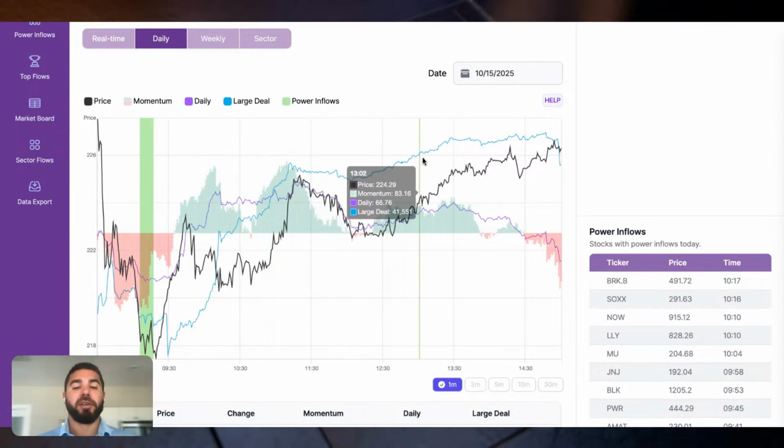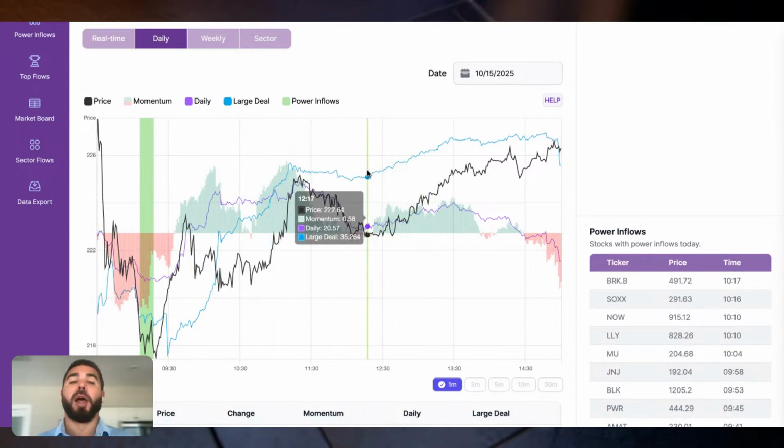And you'll see above it is this light blue line. That's what we call our large deal flow data. This tends to be any of your institutional flow data. So, hedge funds, mutual funds, really anything $100,000 or more is what we would quantify there in terms of the large deal flow data.